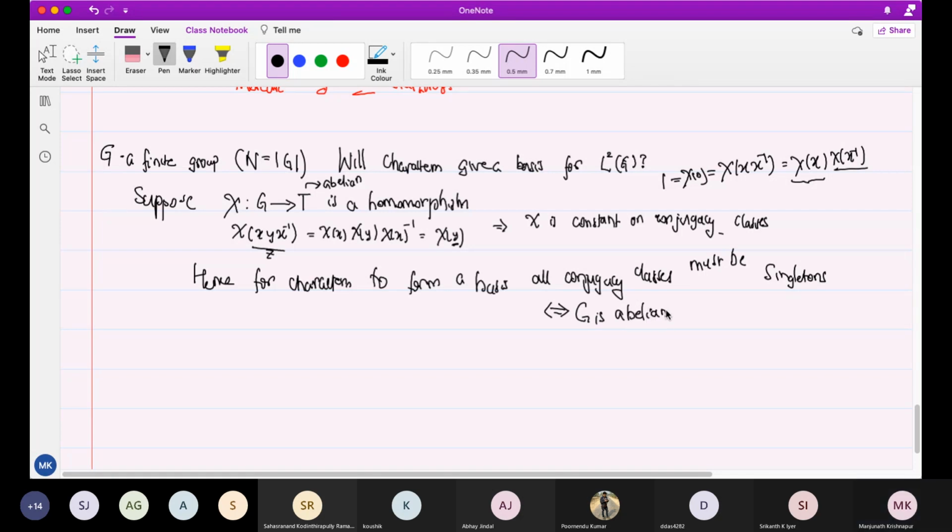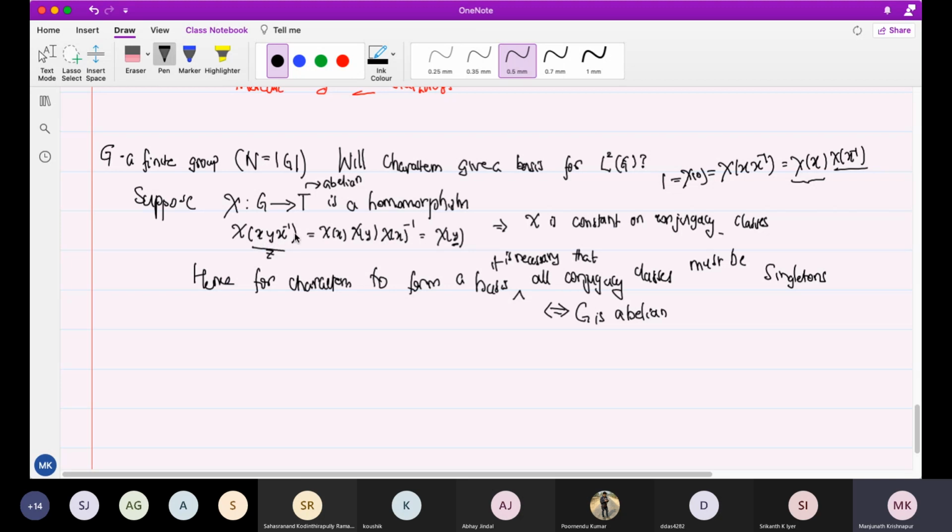I'm not saying that if G is abelian, you have it. If characters form a basis, it is necessary that all conjugacy classes must be singletons. And conjugacy classes are singletons means anything conjugate to y, of the form x, y, x inverse for some group element x, has to be equal to y.